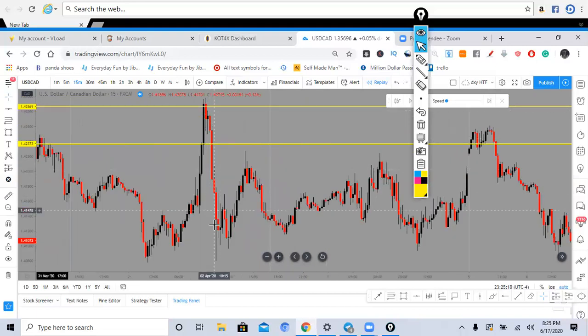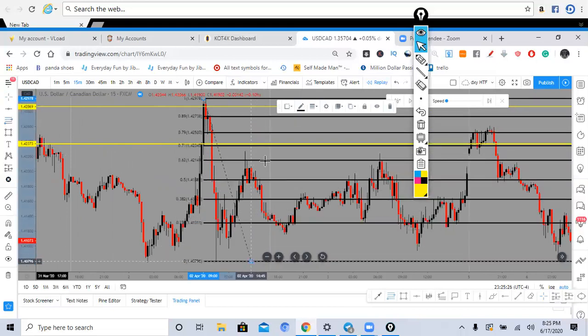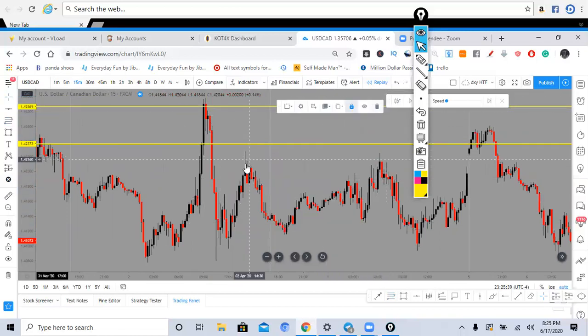Price makes a move away. If you wanted to catch that, you could have potentially gotten short on a retracement. Price hit 62, converging with the order block right here, the low of it. As you can see, the high of this candle is 142.97.